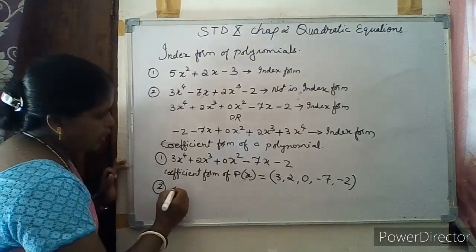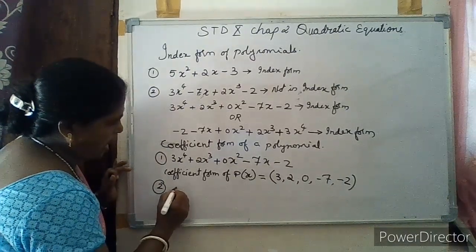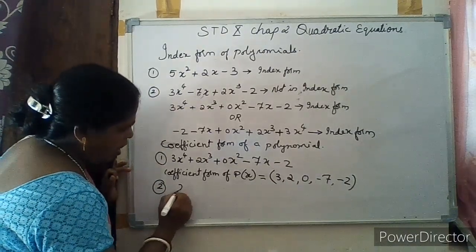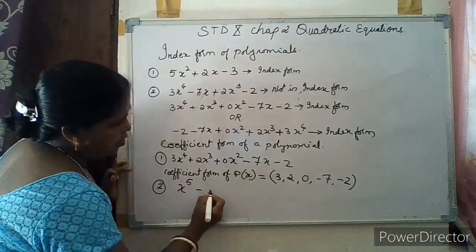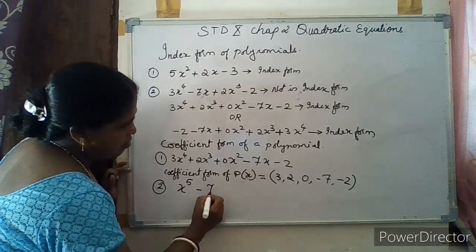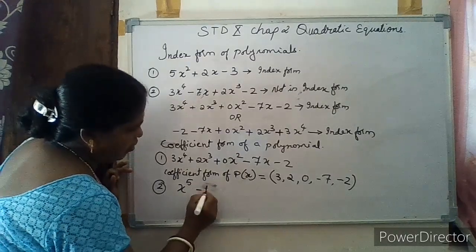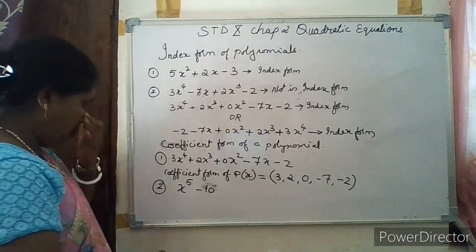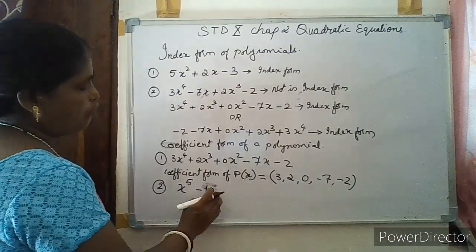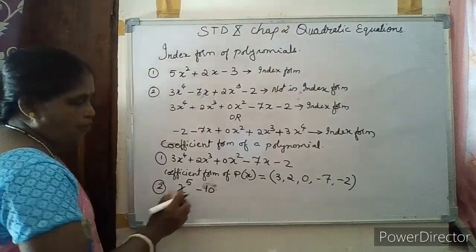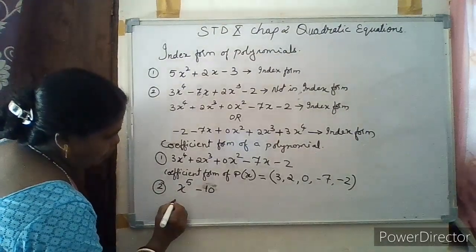Example 2. Suppose I take x raised to 5 minus 10. It is not in the index form, so you have to write it in the index form.